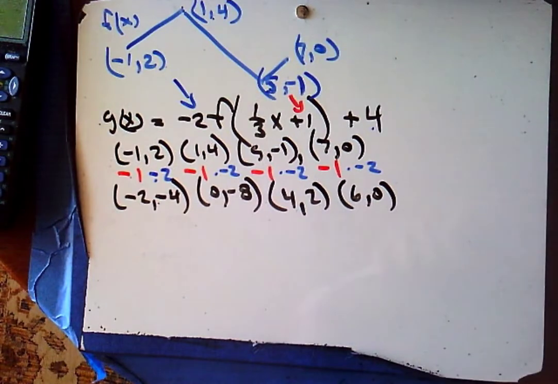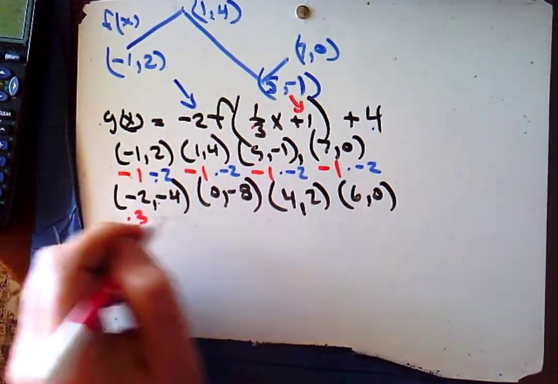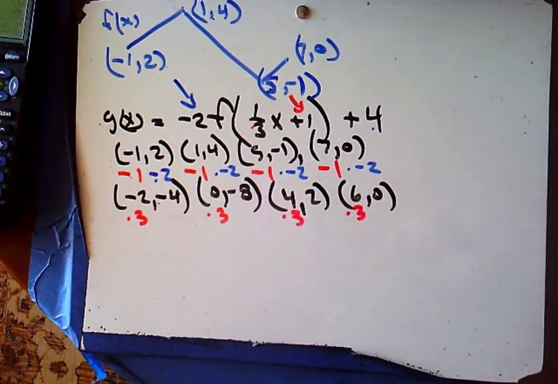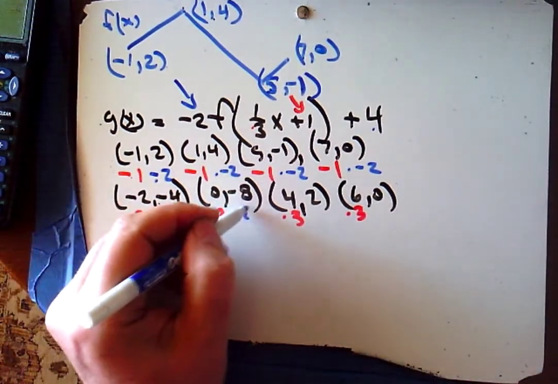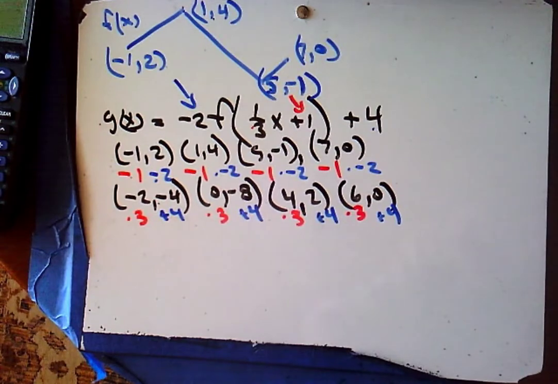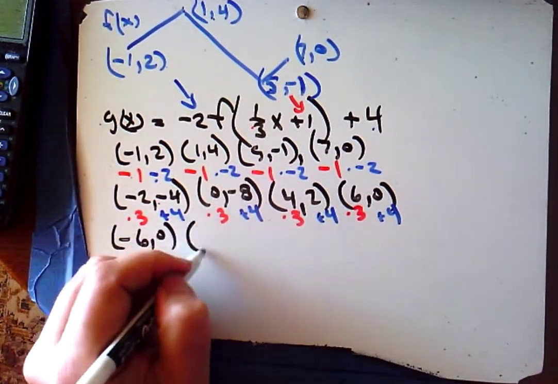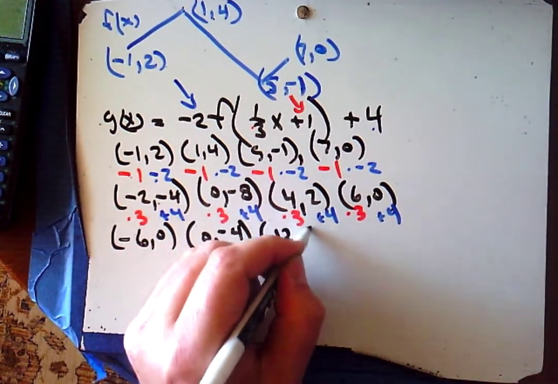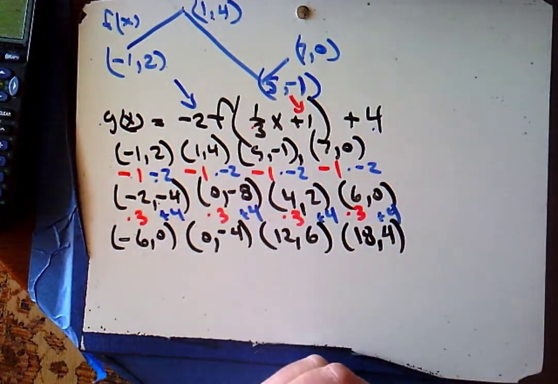I still need to do my second round of transformations. I need to multiply the x's by 3. And I need to add 4 to all the y's. And so I end up with (-6, 0), (0, -4), (12, 6), and (18, 4).